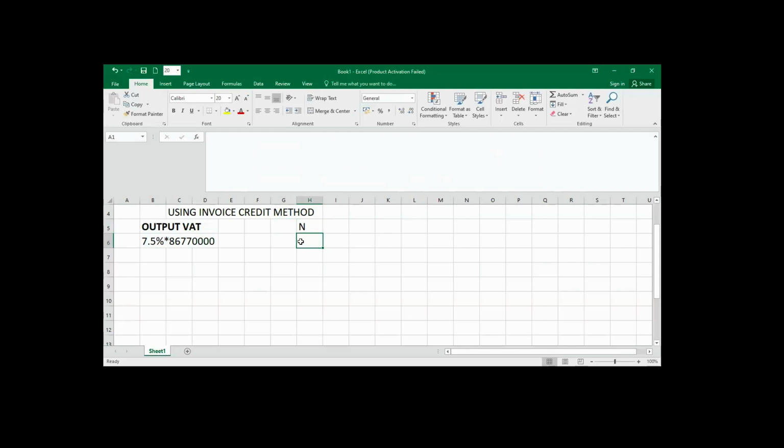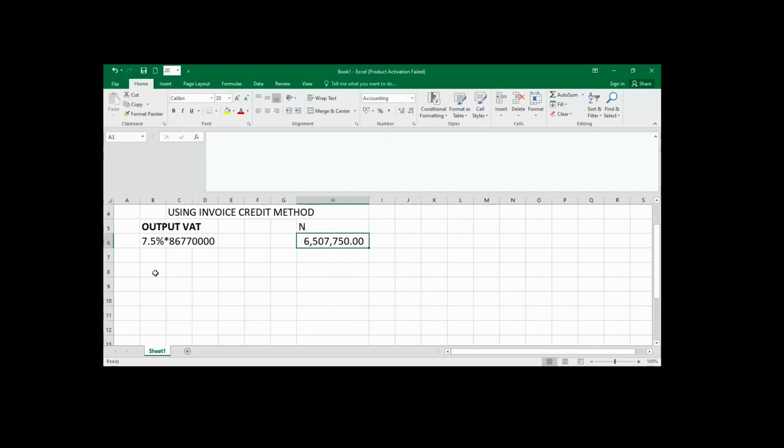It gives 6,507,750. So that is the value for that.